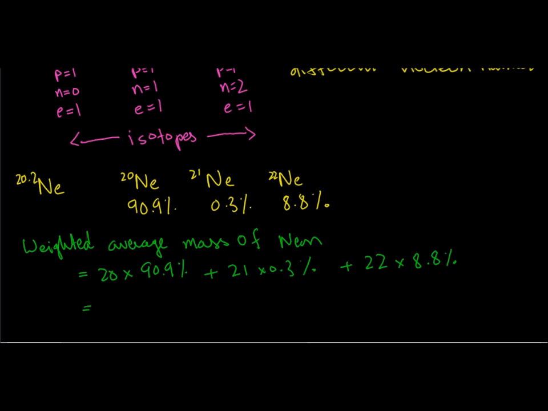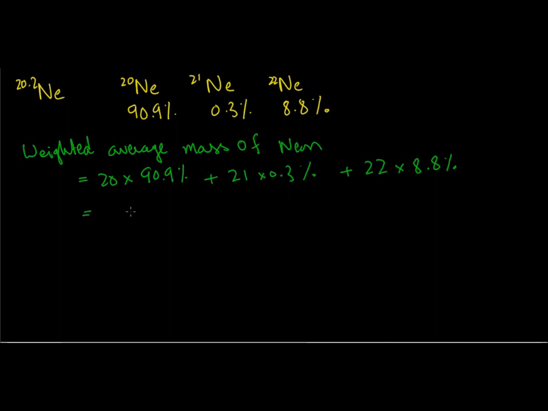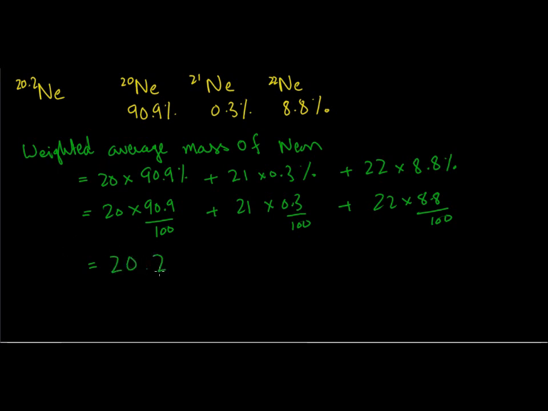When you take out the percent signs, you have to divide by 100, right? So I'm taking out percents at all 3 places and dividing by 100. Now if you do this math, you'll find that the weighted average mass of neon isotopes is 20.2, and this is what you see in the periodic table.